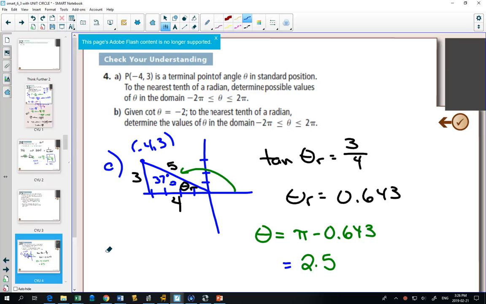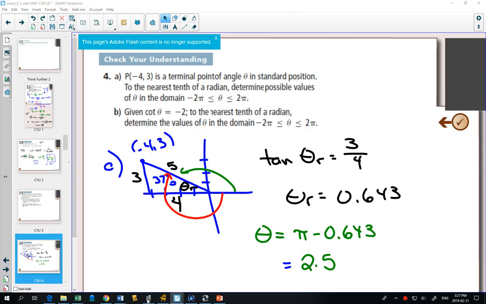We also need to figure out this possibility, the negative angle. If you were dealing in degrees, can you see that you would do 180 plus 37 degrees? But now that you're dealing in radians, you're going to do π plus 0.643.